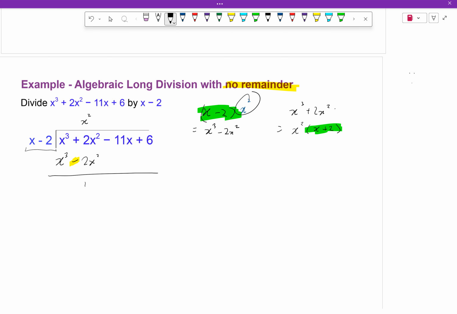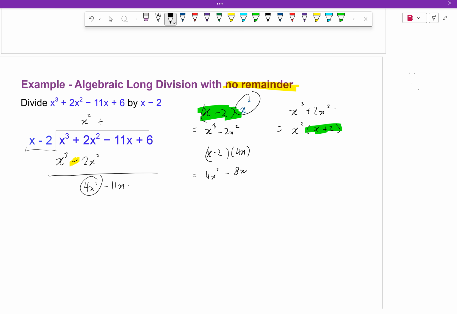So this here results into positive 4x squared. Now, again, how can we reach up to the maximum point? Again, it's a 4x squared. So that means we can do x minus 2, 4x. So we get out 4x squared minus 8x.